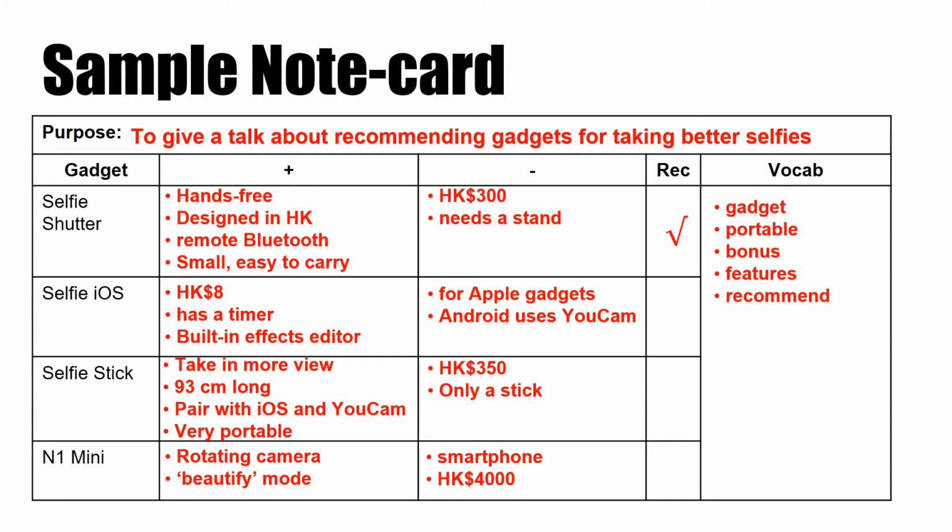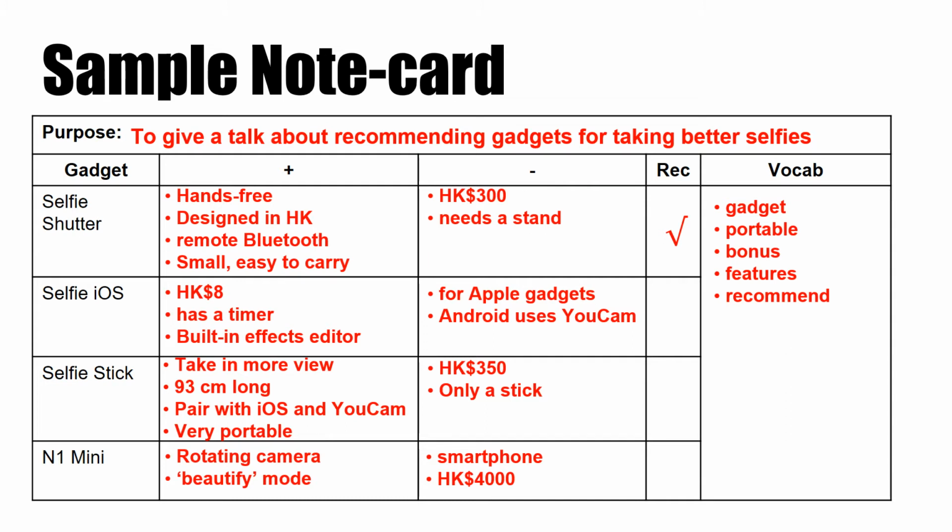Okay. Features are the things that a gadget can do. For example, built-in effects editor, that's a feature. A rotating camera, that's a feature, right? The special things about a gadget. And then you are giving a talk to recommend gadgets, so the word recommend would be good to use.